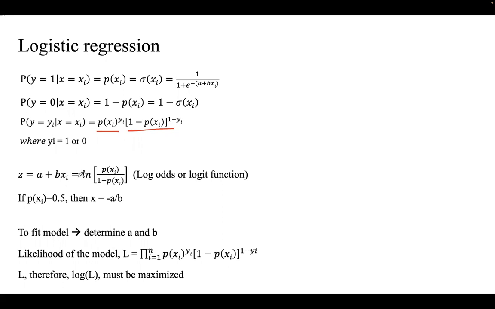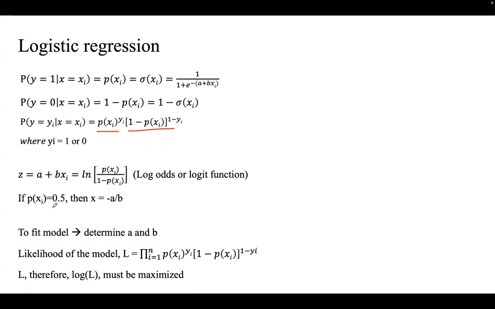And if you rearrange them, this power that you see here, e to the power minus (a plus bx), is nothing but log of p(xi) upon 1 minus p(xi). This is the probability of the event happening. This is the probability of the event not happening. So these are the odds. You're taking the log, so it's like a log odds ratio.